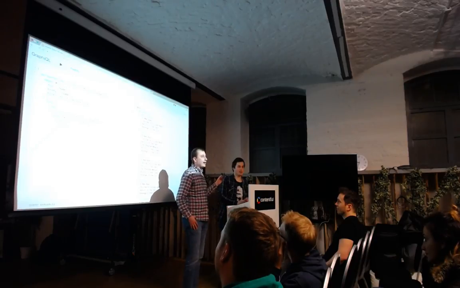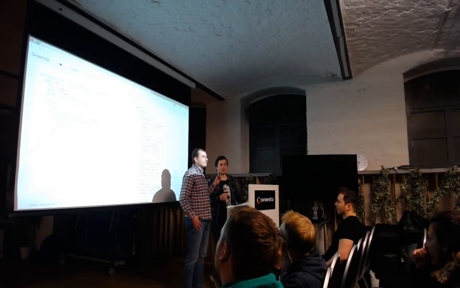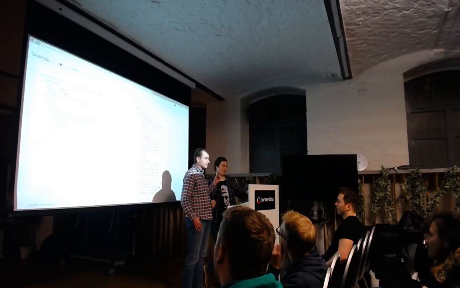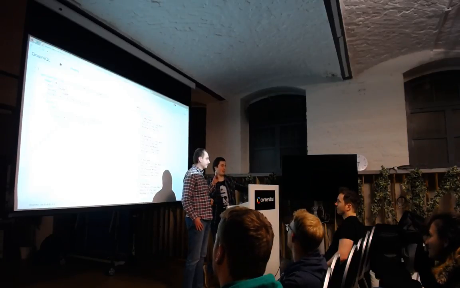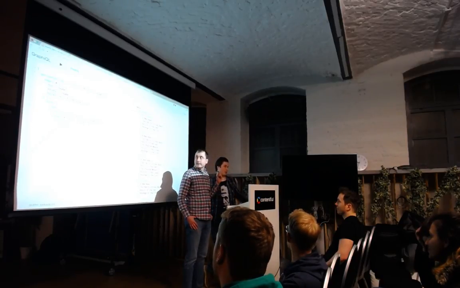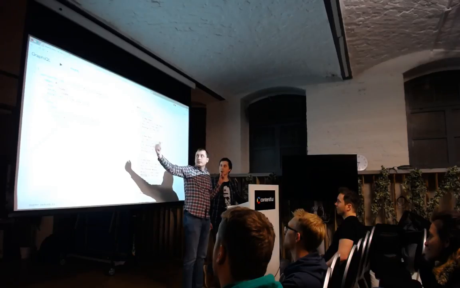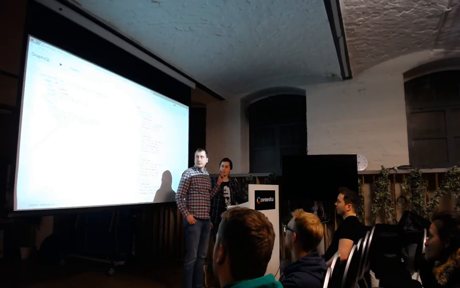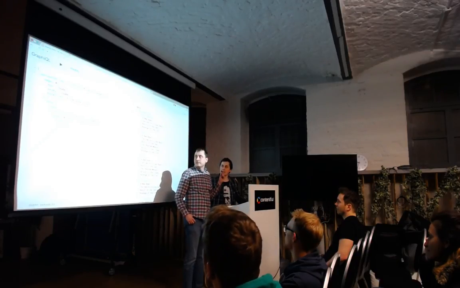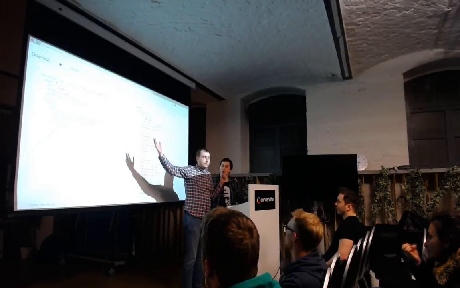Is it checked on the client side? No, right now we don't do it. We just have a proof of concept project, but yeah, I think we should do it.